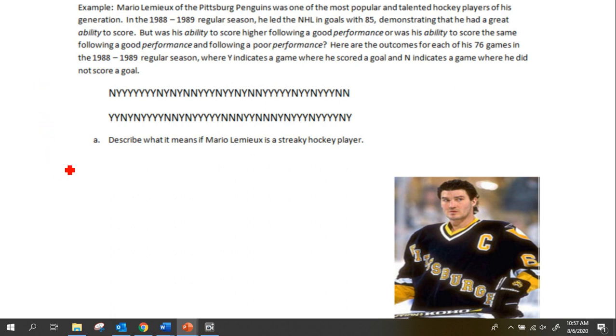Part A says, describe what it means if Mario Lemieux is a streaky hockey player.